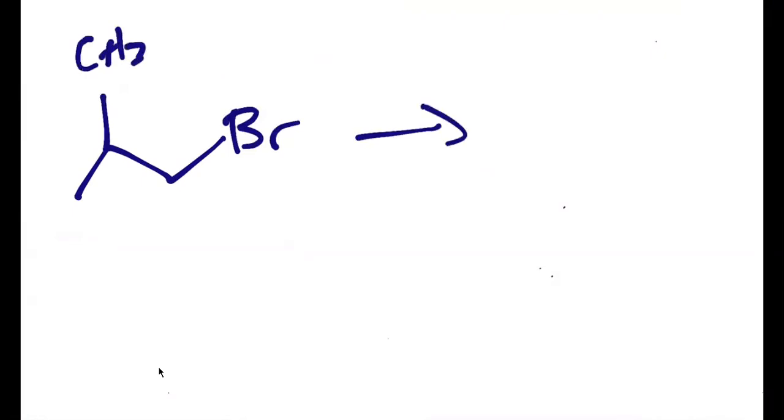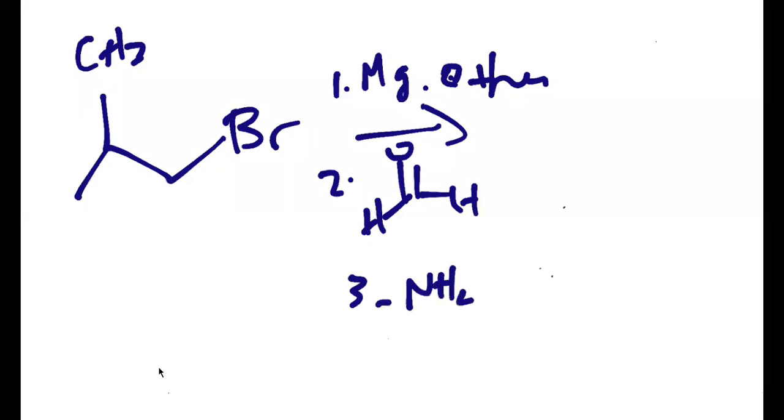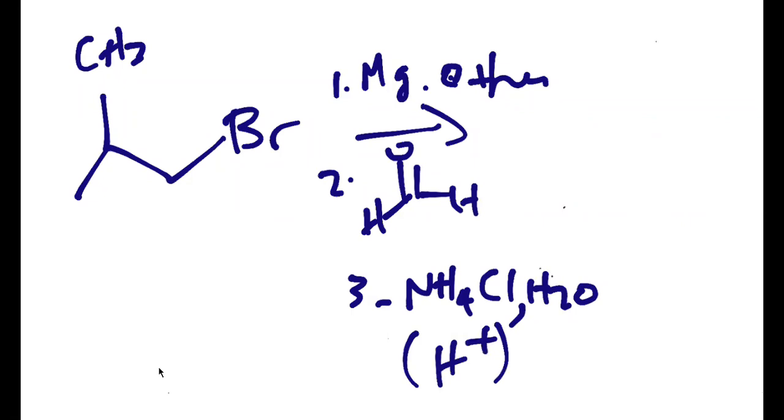And then 1 was Mg and ether. 2 was formaldehyde. And then 3 was ammonium chloride in water. Again, I said this is your source of H+.